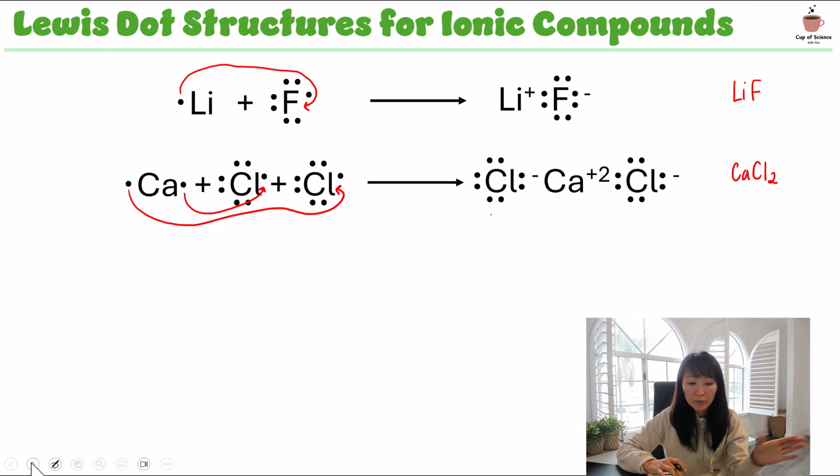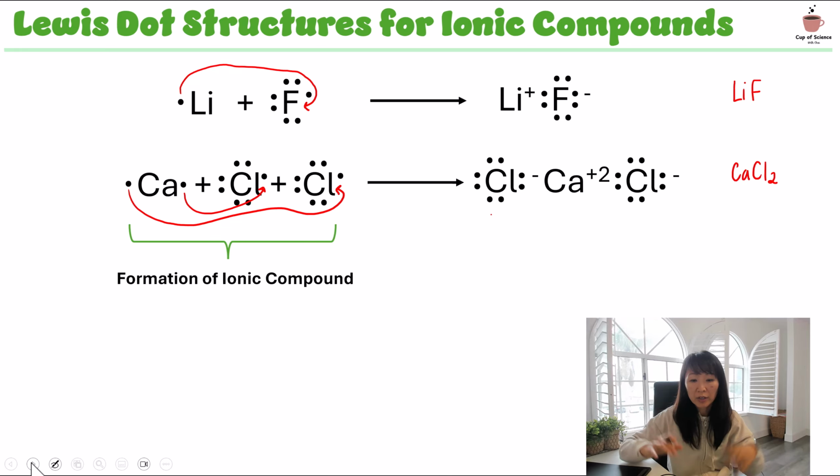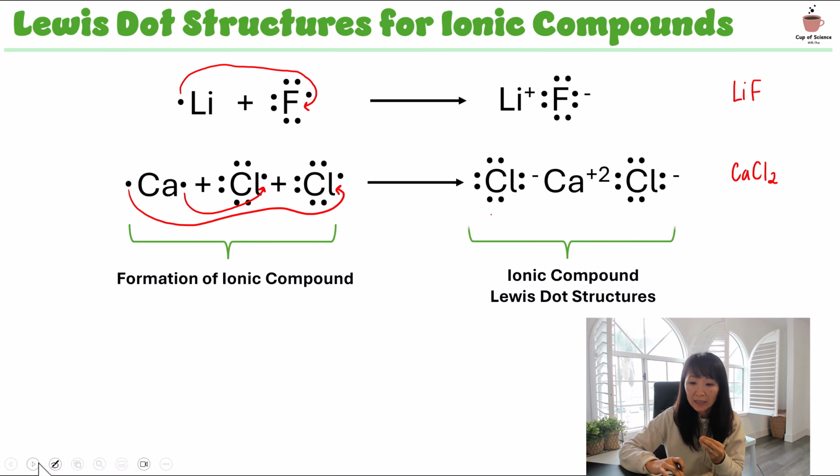To summarize this whole thing, you could see that the left side of this chemical equation is showing just the formation of the ionic compound. Individually, each is the Lewis dot structure of the atom. Now, on the very right side, these are the ionic compound Lewis dot structures.